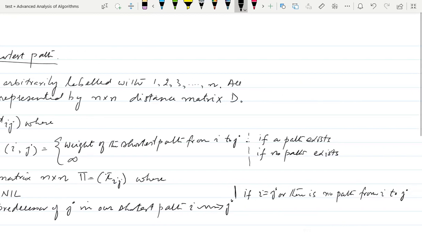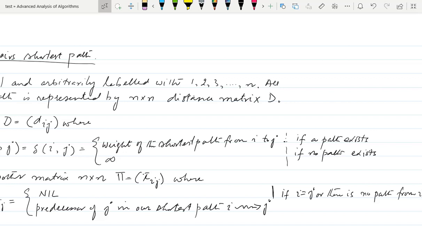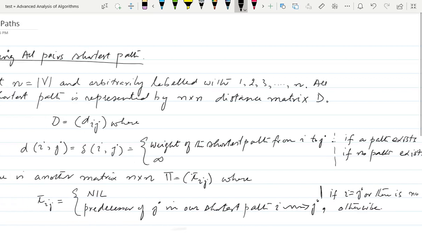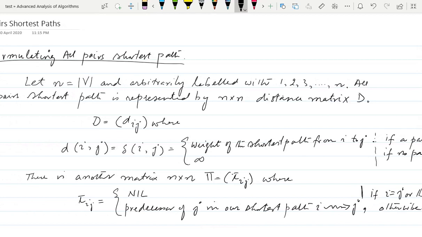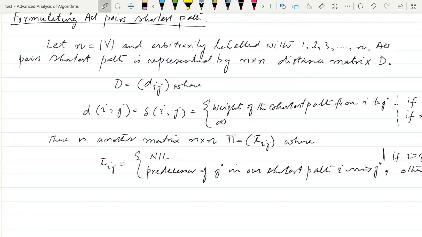The second case is if there is no path taking you from i to j, then there is no predecessor of j, because we are not connected. If the first condition is false, for all other cases we will have some vertex i which is the predecessor of j. So these are the two matrices which we are representing.